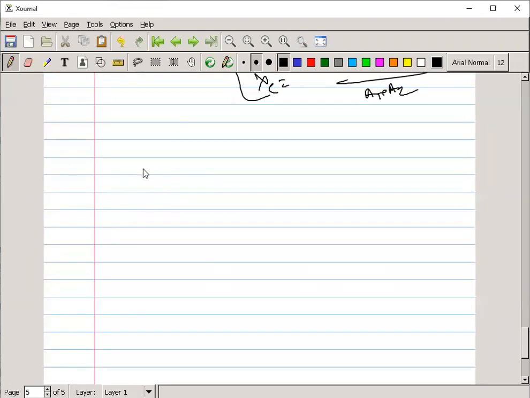I of xg for section 1 is nothing but bd cube by 12.